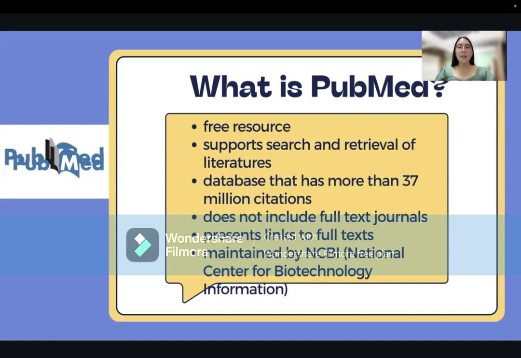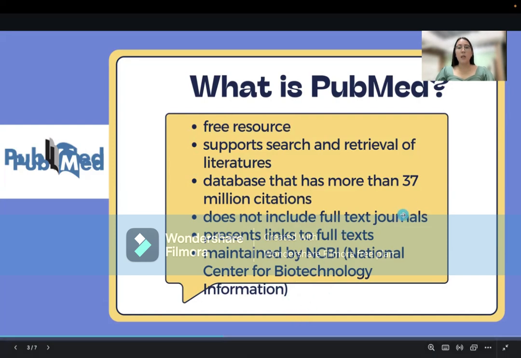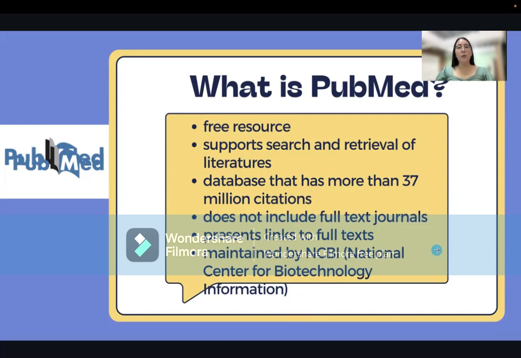This is a database that has more than 37 million citations. Imagine how wide the scope is, the number of literature being published in PubMed. It does not include full text journals, which is the downside of PubMed, but it presents links to full text.